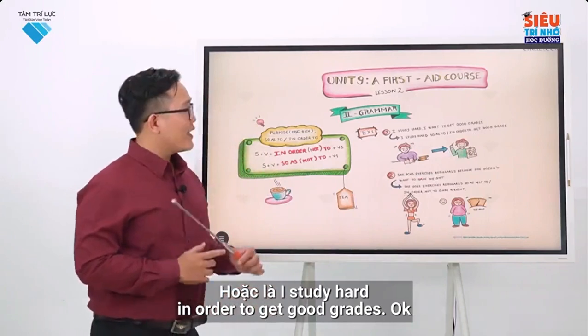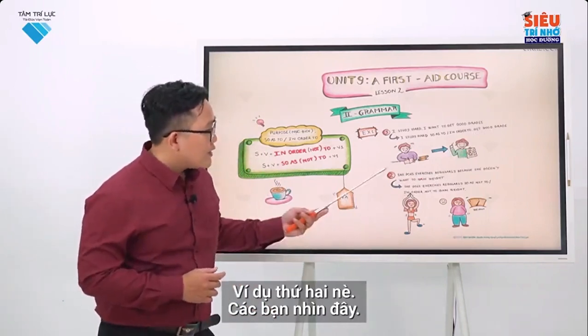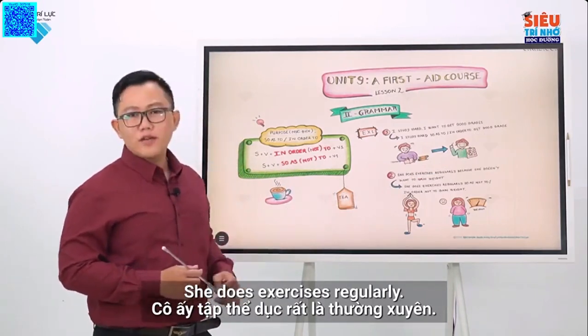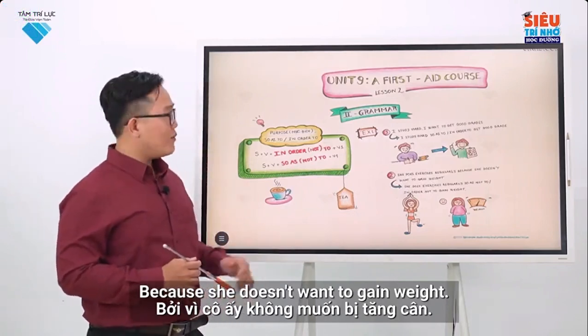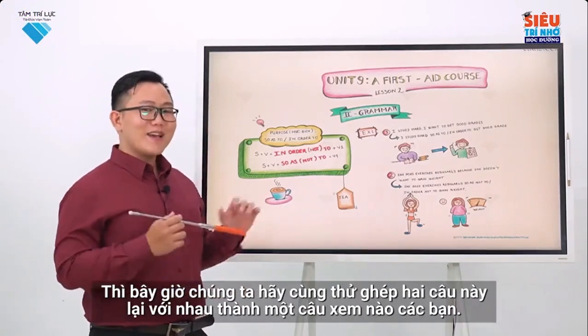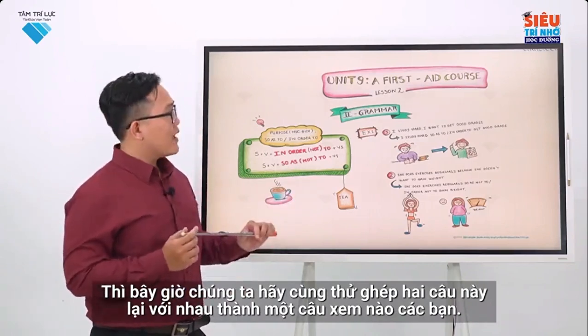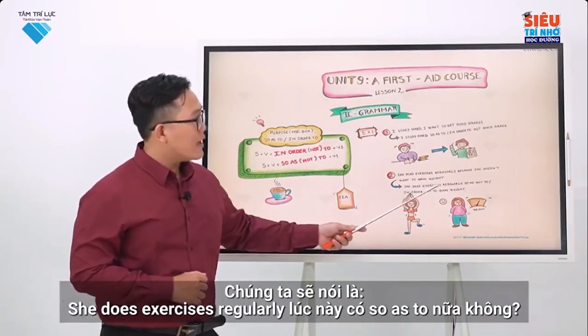Okay, the second example. Please look here. She does exercise regularly because she doesn't want to gain weight. So now let's connect these two sentences into a sentence. We will say, she does exercise regularly.